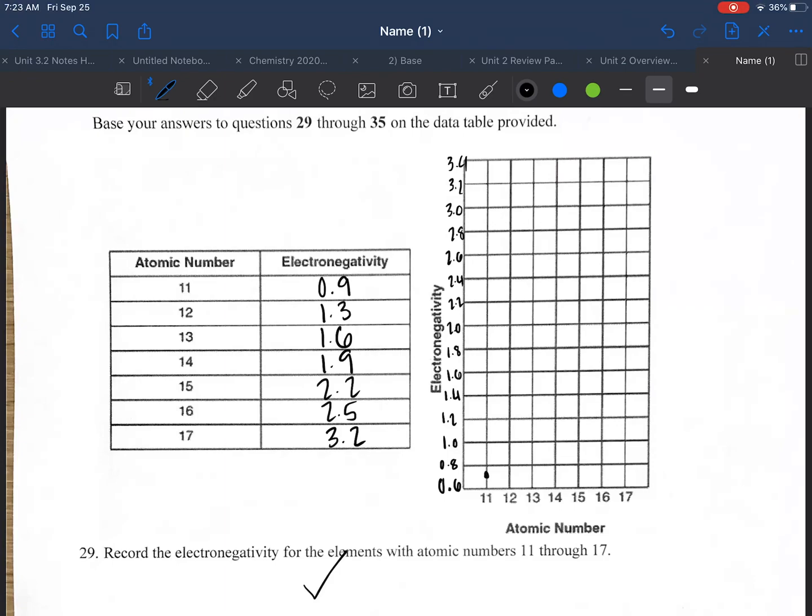So I'm going to find 0.9, 1.3, then 1.6. Okay, so you should get something like that.